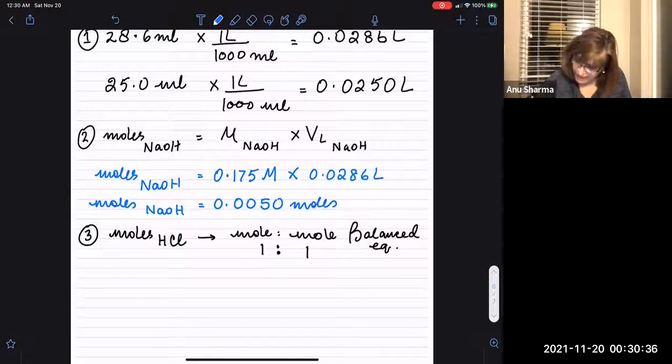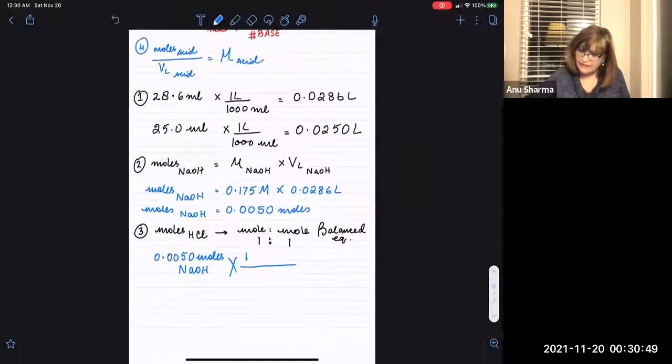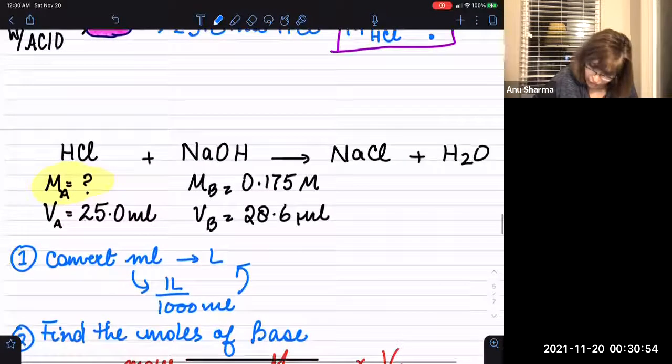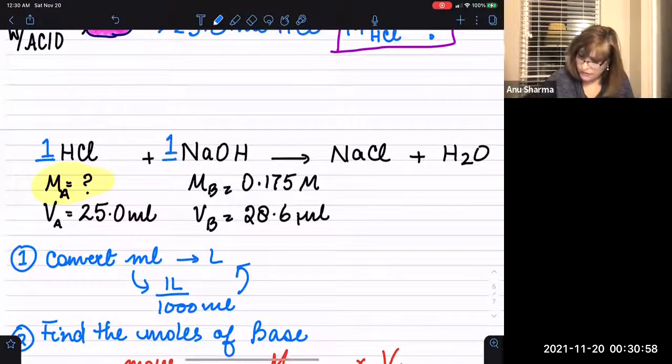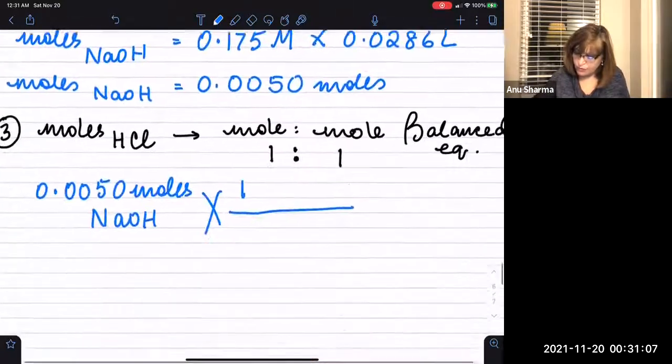Okay, so now we have 0.0050 moles of NaOH times 1. As you can see from the balanced equation, it's a 1:1 ratio. It also gives 1 mole of NaCl and 1 mole of water, but it's 1 mole of HCl and 1 mole of NaOH, the same moles.